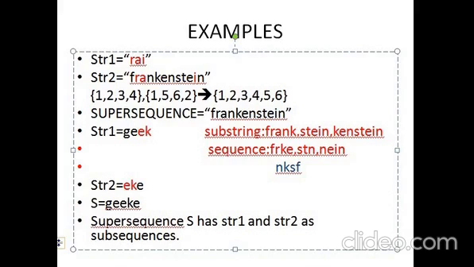Now a super sequence is something superior, like when we merge two words we get a bigger word. Let's take a very simple example of sets. Set 1 is 1, 2, 3, 4 and set 2 is 1, 5, 6, 2. When we take the union of this, we get 1, 2, 3, 4, 5, 6. So what we're basically doing is ignoring the repetition and only printing one copy of it.